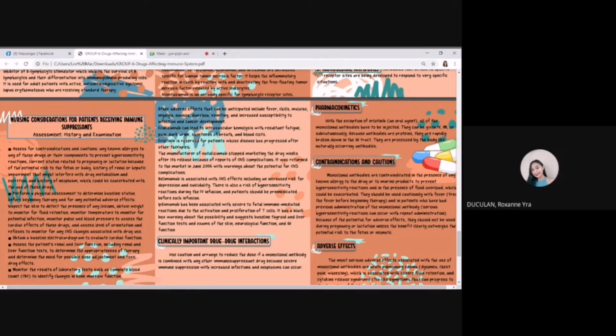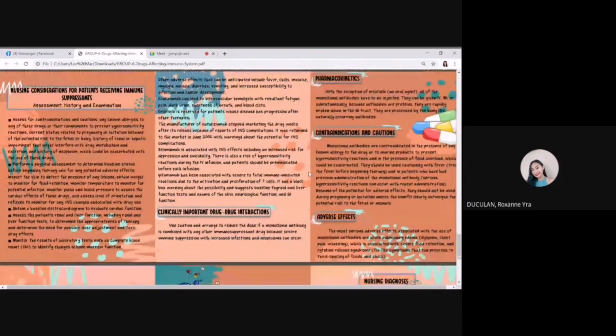So the next one is contraindications and cautions. Monoclonal antibodies are contraindicated in the presence of any known allergy to the drugs or to murine products to prevent hypersensitivity reactions, and in the presence of fluid overload, which could be exacerbated.